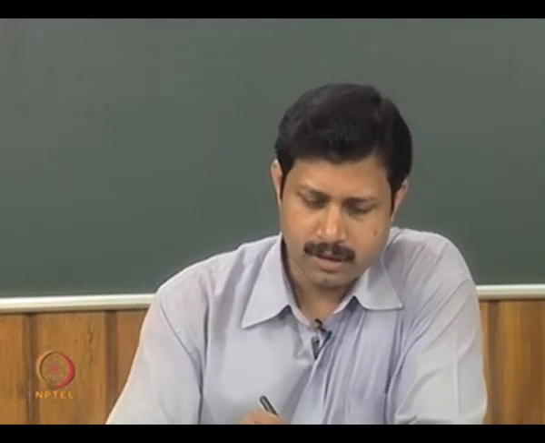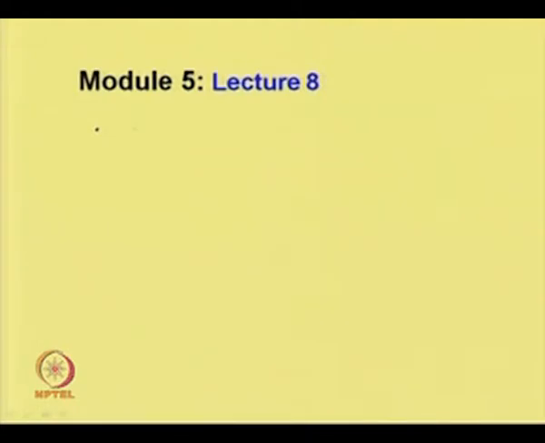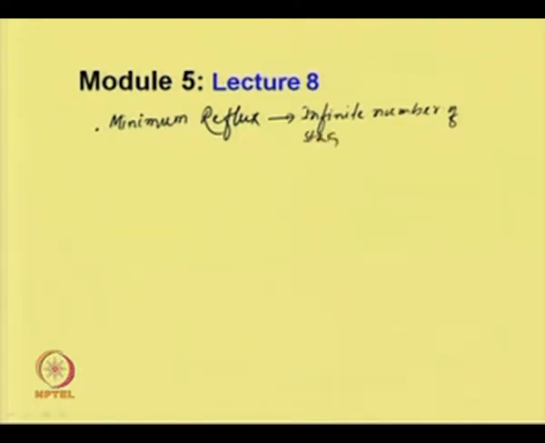So, we have discussed in the last class minimum reflux, infinite number of stages. We have seen how to calculate using the Fenske equation.